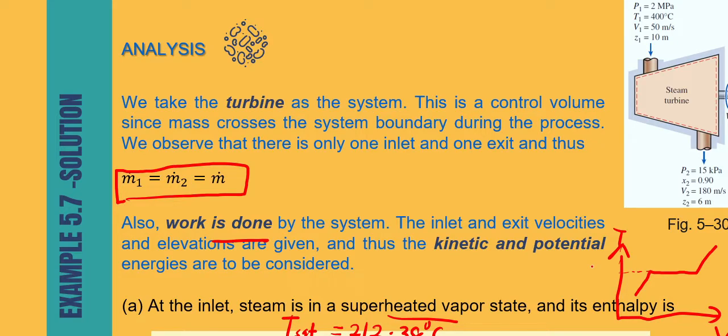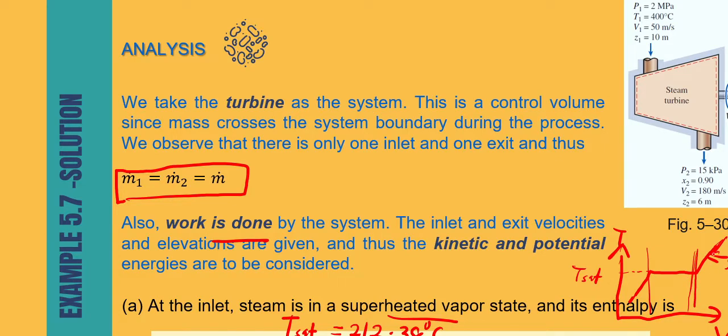So you know that here is the saturation line. Here is compressed liquid. Here is a mixture of saturated liquid and saturated vapor. And this region is superheated vapor. So your T is 400, which is higher than the saturation temperature here.